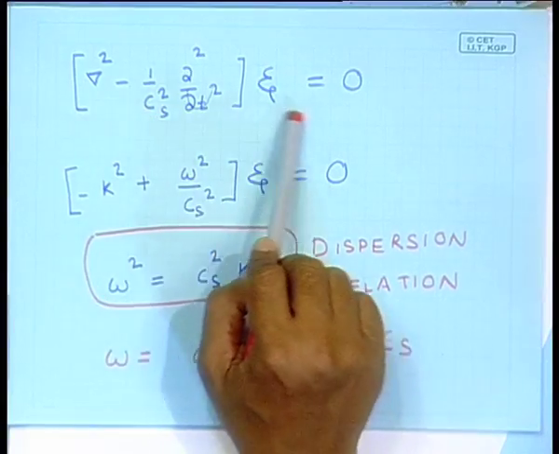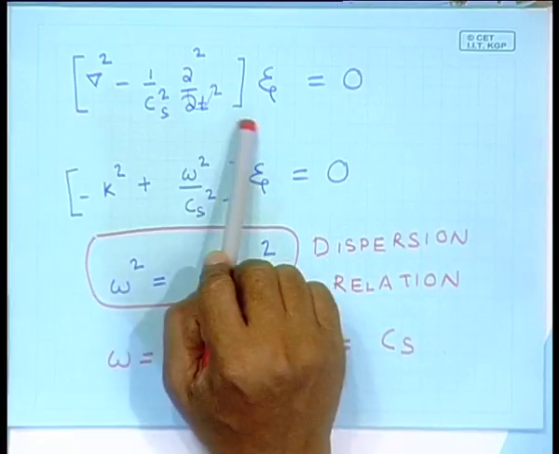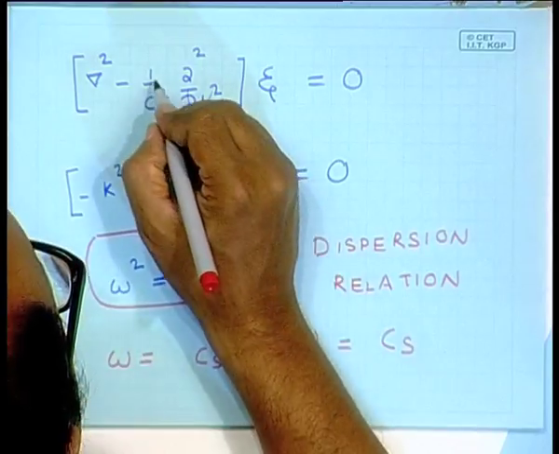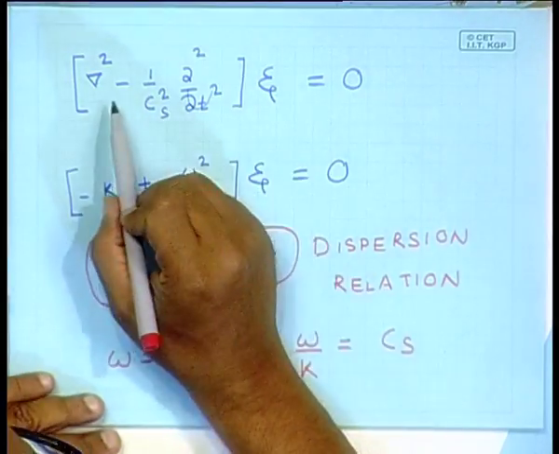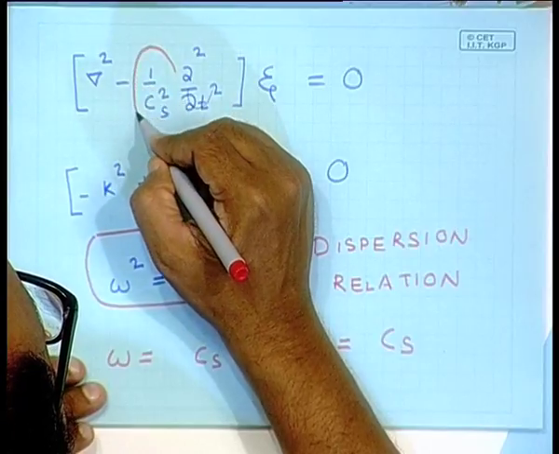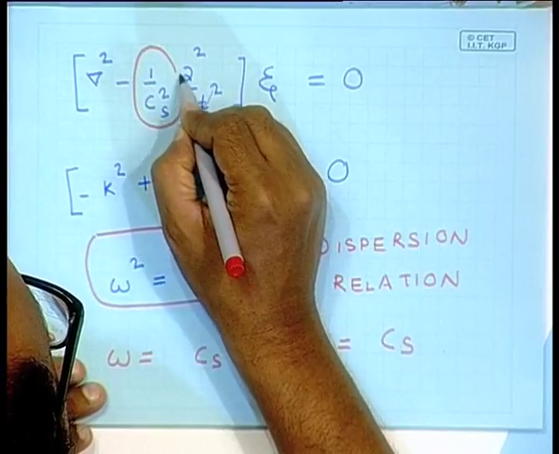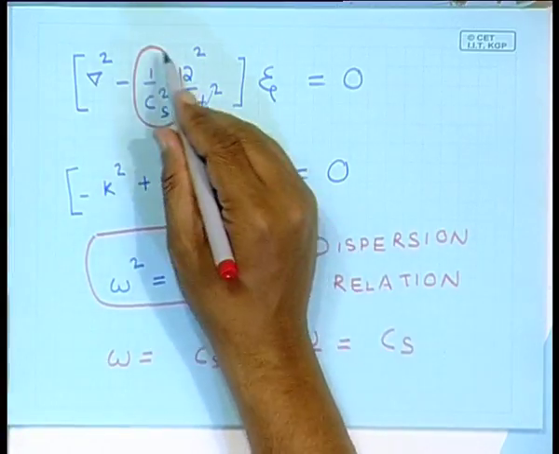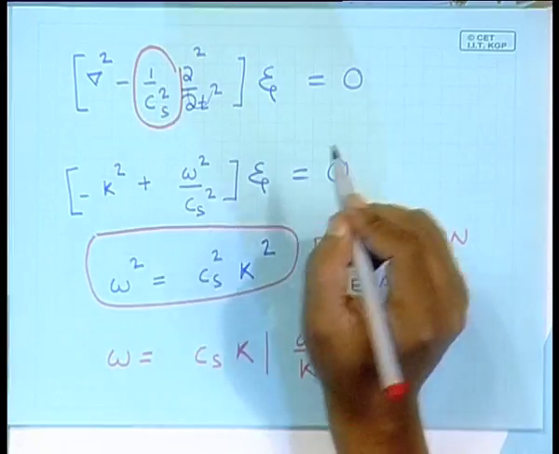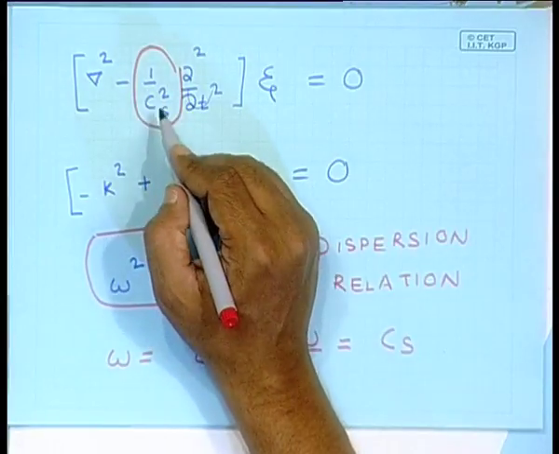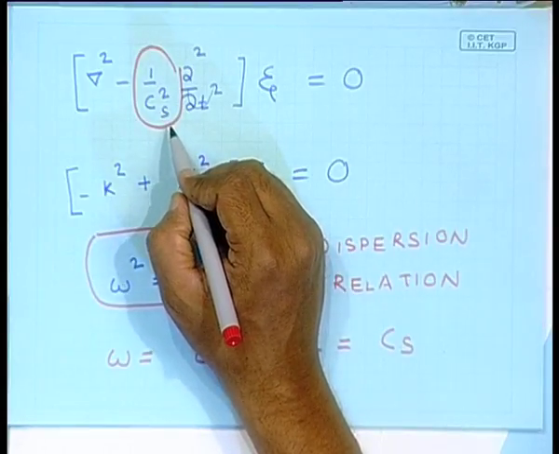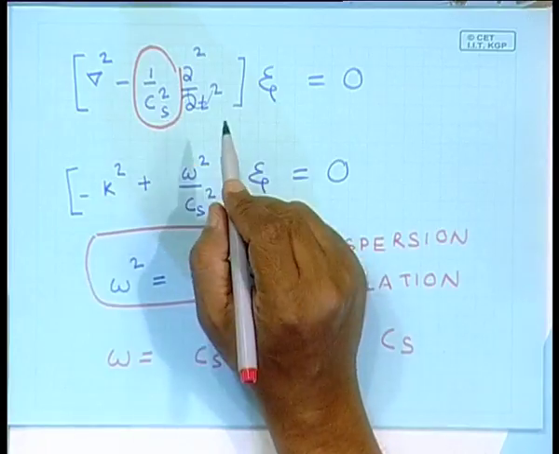If I have a wave equation like this, there will be a constant which appears in front of the derivative with respect to time. This constant, 1 by Cs squared, if written in this form, then this Cs is going to tell us the phase velocity of the wave in this particular situation.